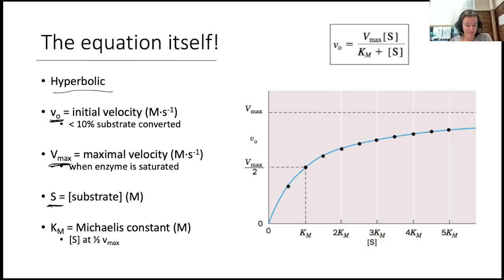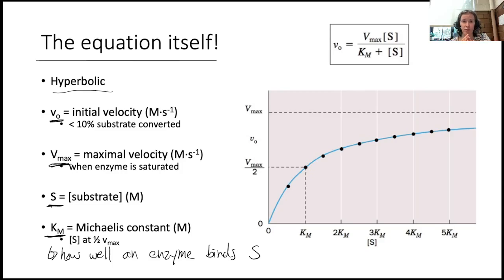And then finally, we have a constant that looks like the K constant we discussed with hemoglobin, but here it's called Km, the Michaelis constant. Its units are moles. It is the substrate concentration at 1/2 of Vmax, and it tells us how well an enzyme binds its substrate.